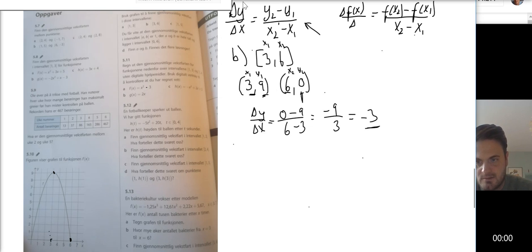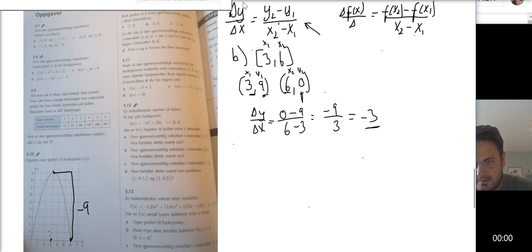Again, we can do this with, call it, common sense. We see that from 3 o'clock to 6 o'clock, the temperature actually decreases by 9 degrees. In how many hours?